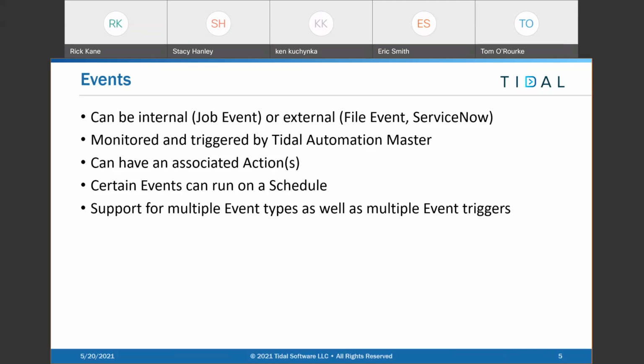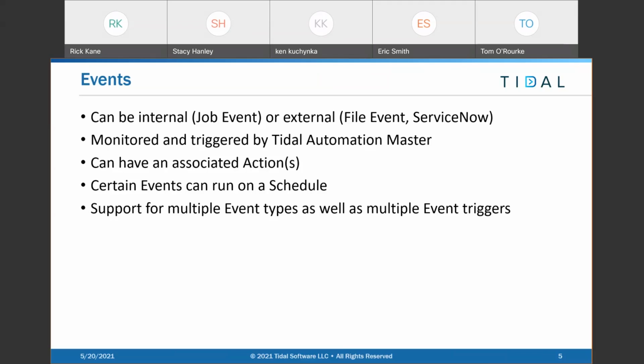Events are monitored and triggered by the master, and they have an associated action that will execute once the event is triggered. Certain types of events can actually run on a schedule according to a calendar and a time frame, and this will help prevent overutilization of resources. And we do offer support for multiple event types as well as multiple event triggers.